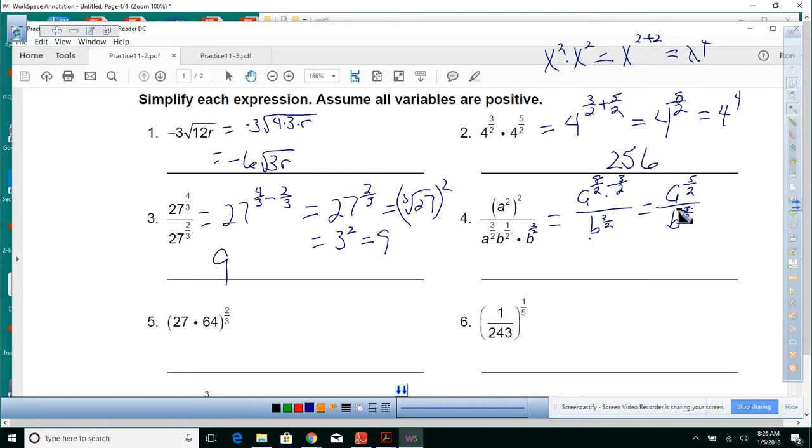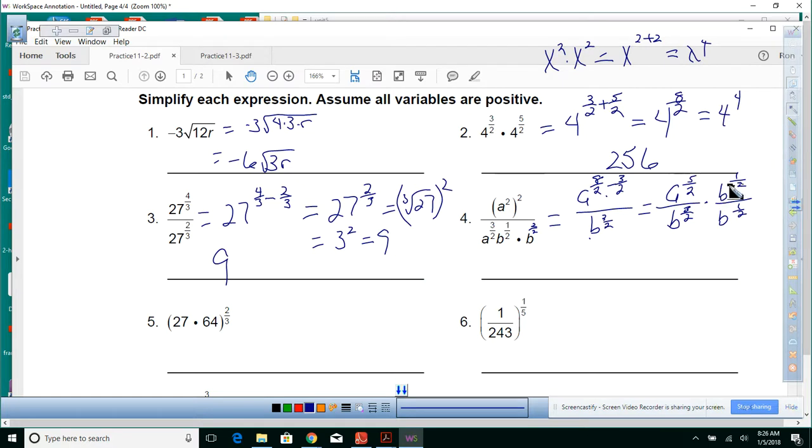Got a problem here. We're not supposed to have a fraction down there in the denominator. So we need to get rid of that. How do we get rid of that? What if we multiply that times b to the 1/2 over b to the 1/2?